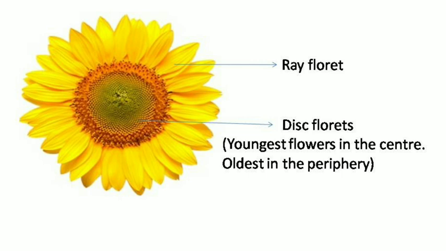Now see the disc florets. Disc florets are small flowers and all are bisexual. The youngest flowers are in the center and the oldest ones in the periphery of the disc.